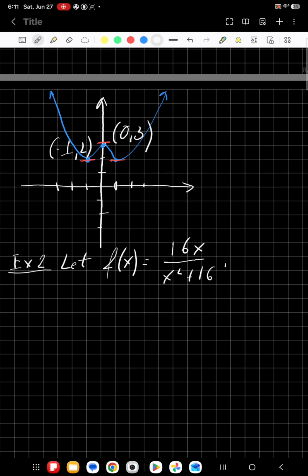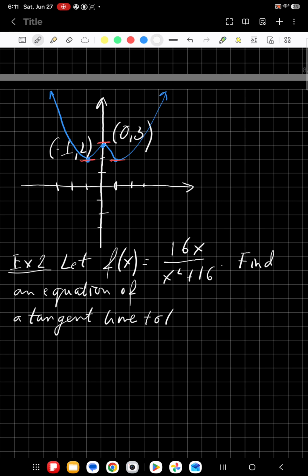And what we need to do is find the equation of a line tangent to the curve at the origin.